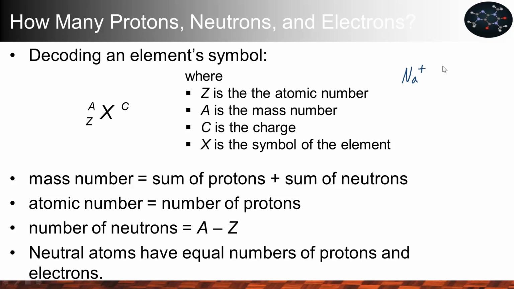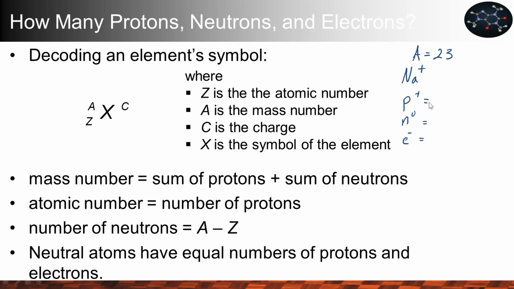And I tell you that the sodium plus has a mass number, not an atomic mass number, but a mass number, A, equal to, let's call it 23. Okay? So you need to tell me now the number of protons, neutrons, and electrons.